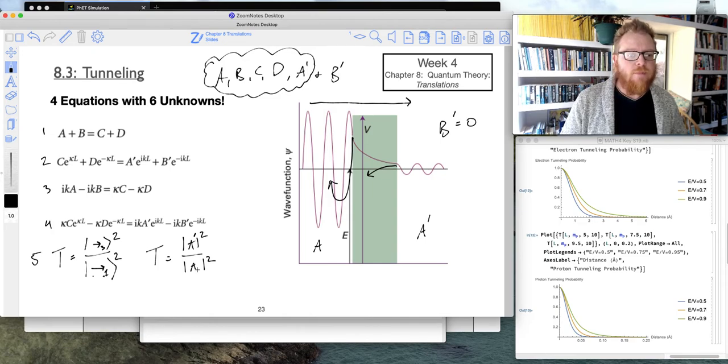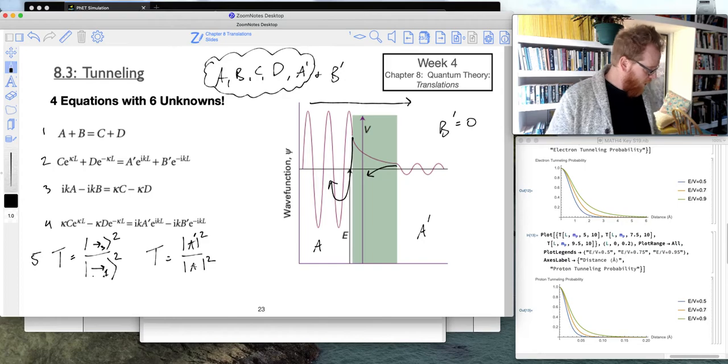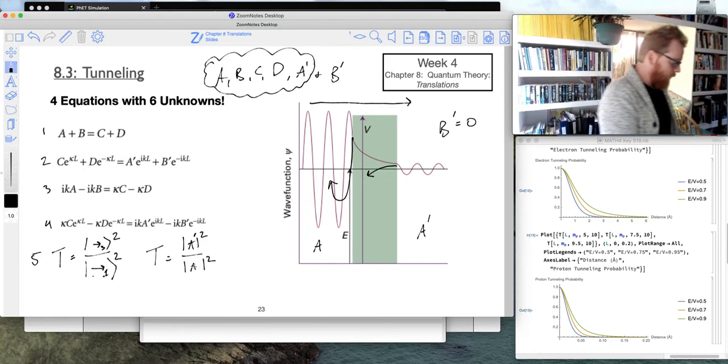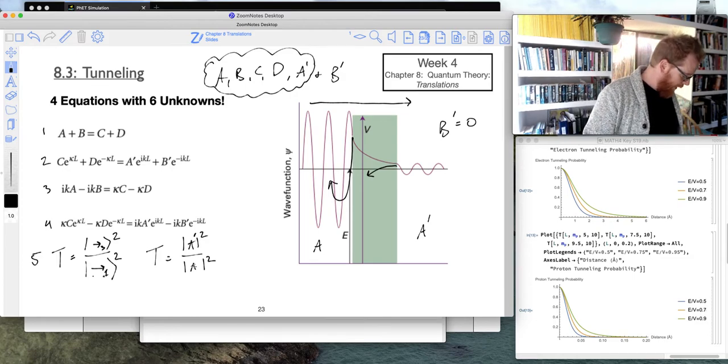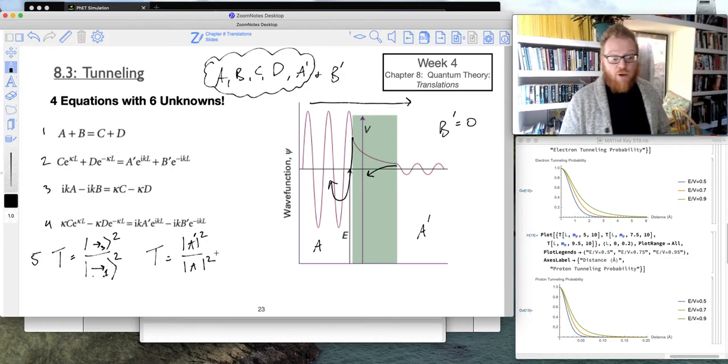The reason this gives us a 5th equation is that if we do some algebra on this, let me open up my cheater notes here, we can actually come up with an equation for this transmission probability, and that looks like the following.